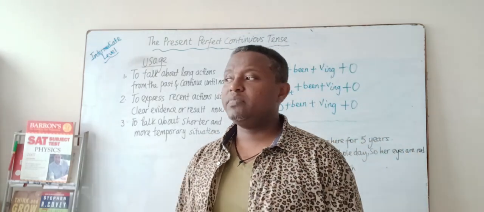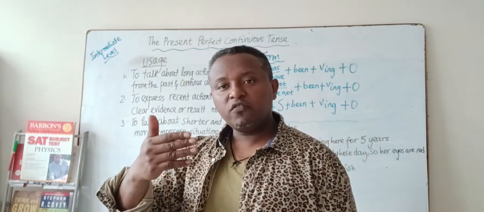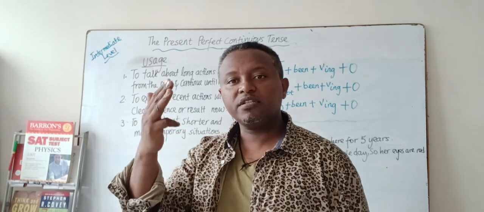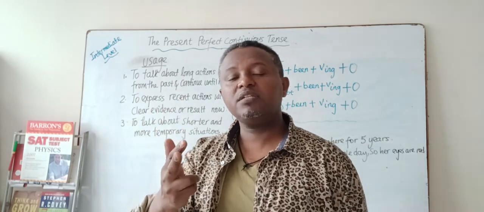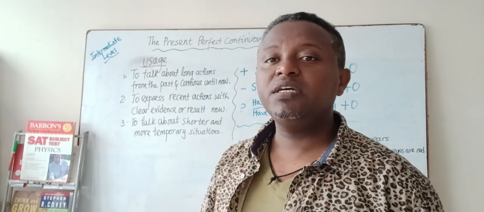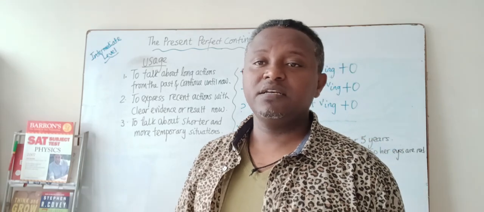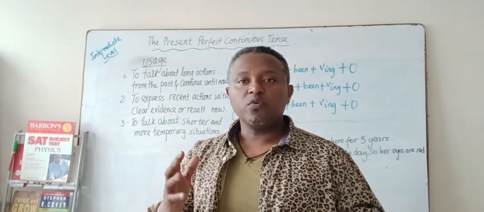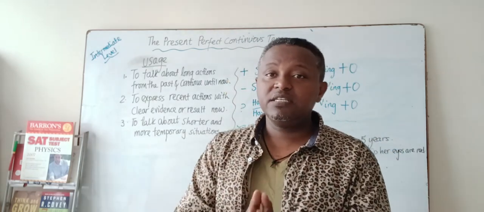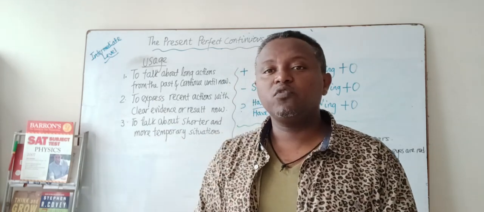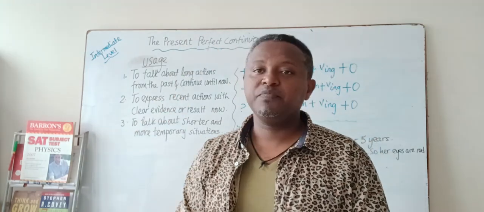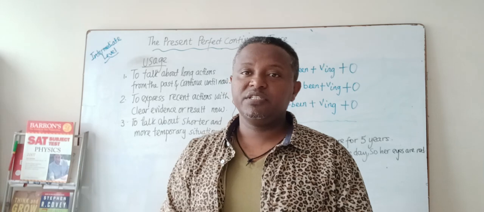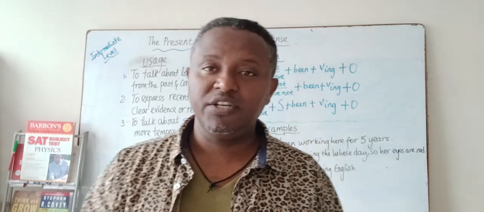Last time, if you remember, we have seen a number of present tenses. We have seen the present simple, the present continuous, and the present perfect tense. So as we promised to finish the present tenses, this is the fourth in the sequence, the present perfect continuous tense.